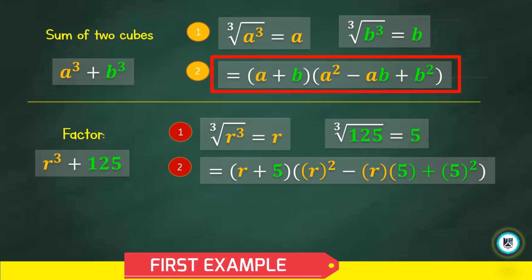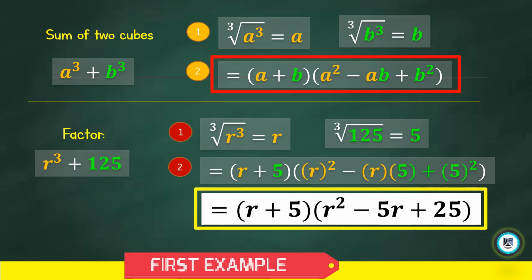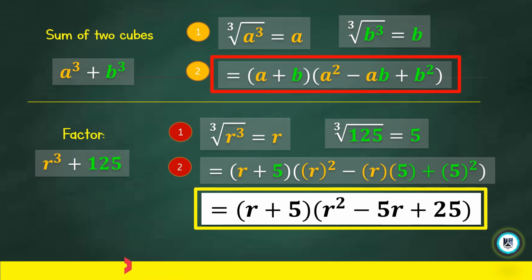We simplify it, and the final answer is the product of r plus 5 and r squared minus 5r plus 25. Just a reminder, we need to memorize the pattern so that it will be easier for us to solve problems like this. Let's try another one.